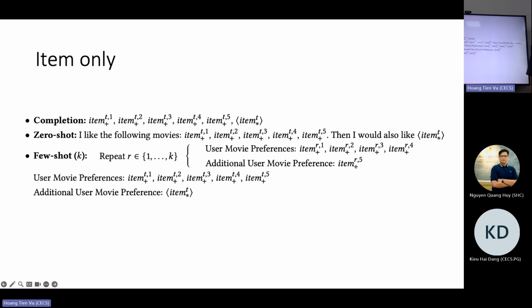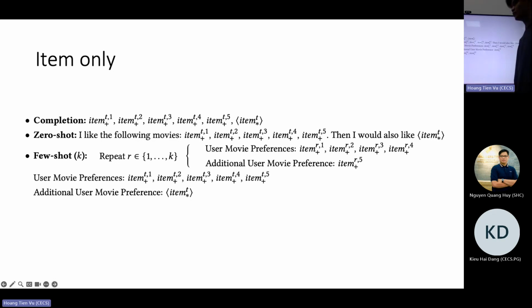Yes. And the first one, completion, you only place the item without any explanation, like "I like the following movie." It's like the explanation and the natural language that is different between completion and zero shot. So they want to test what different input you put through the LLMs and the performance we get.